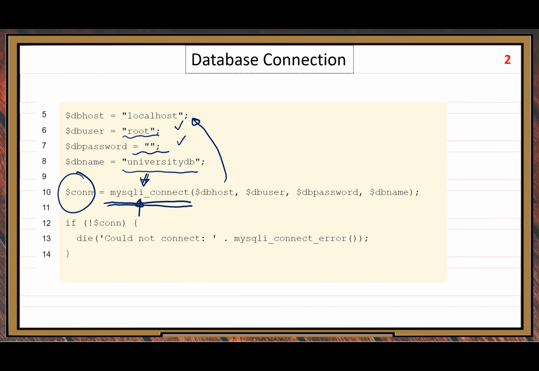We use this variable $conn to store the connection object. Every time we do a database query, we need to use this connection object. At the end, after we complete our database queries, we close this object.